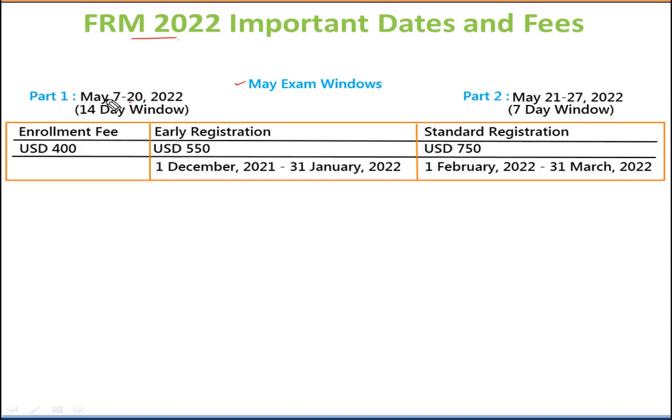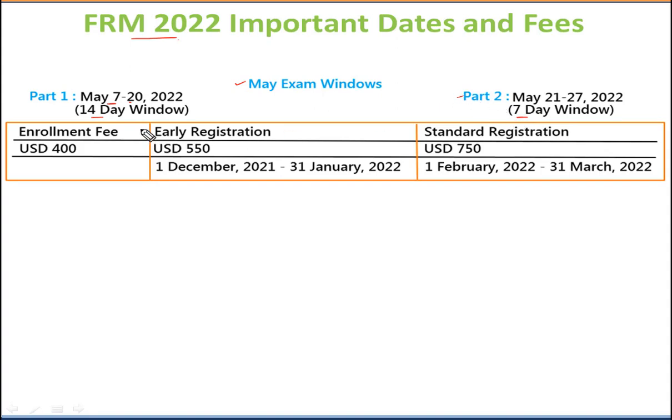That's the 14-day window for Part 1, and for Part 2 the exam would start on 21st of May 2022 and go on to 27th of May. So there's a 7-day window for FRM Part 2.